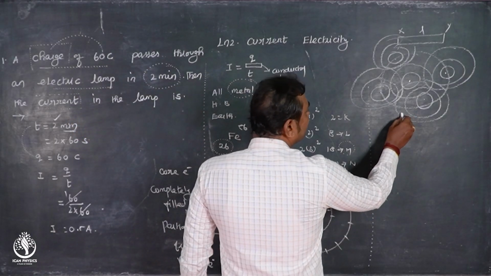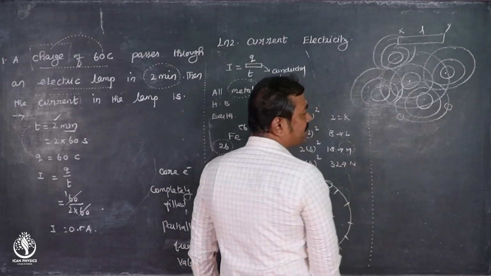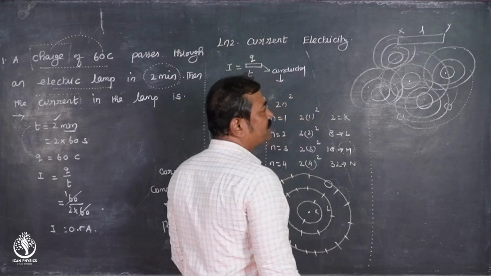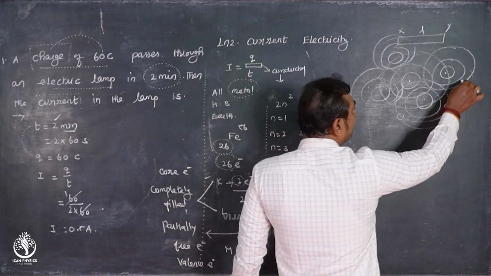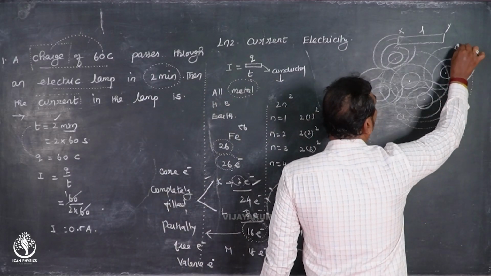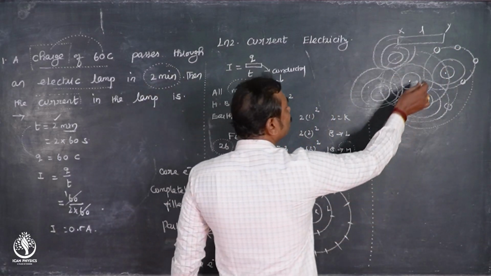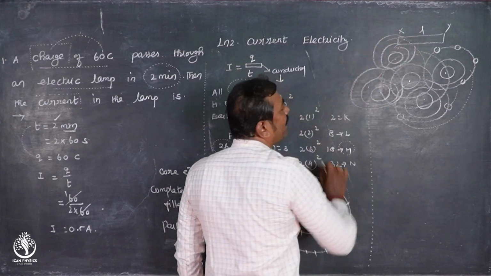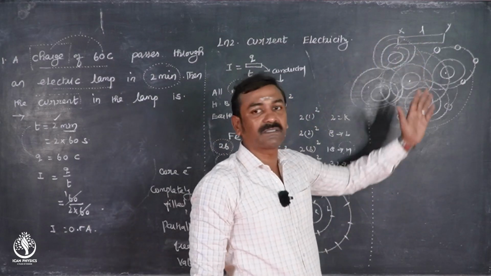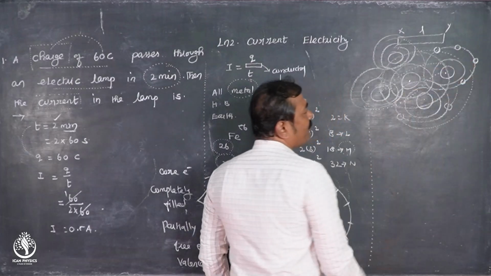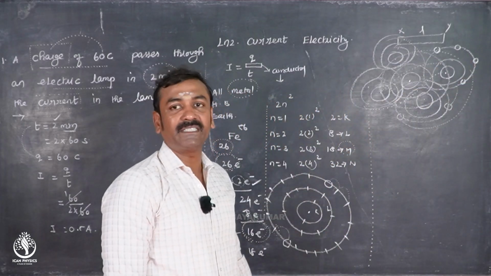Here we have 2 free spaces, so 2 electrons from the neighboring atom come to this space. Then here we have 4 free spaces. Suppose 2 electrons come and occupy them. Here we have 6, so 6 electrons go and occupy them, and here we have empty space.